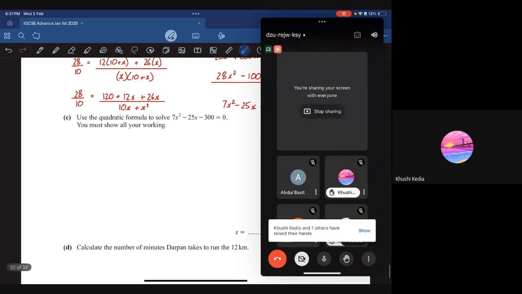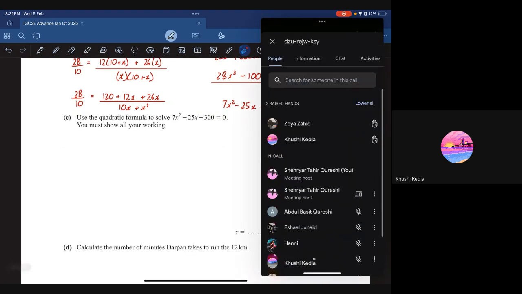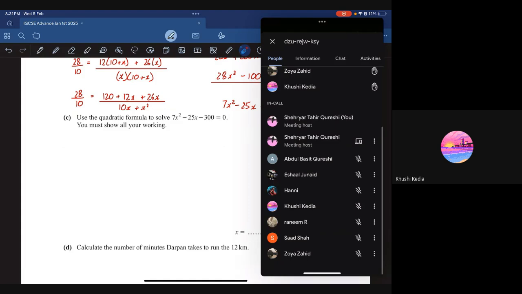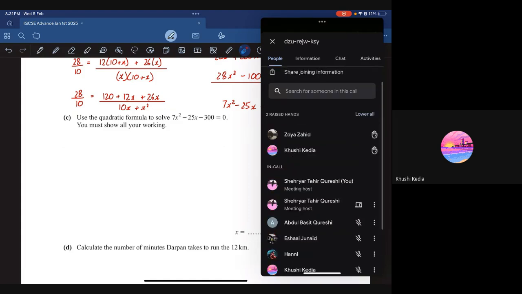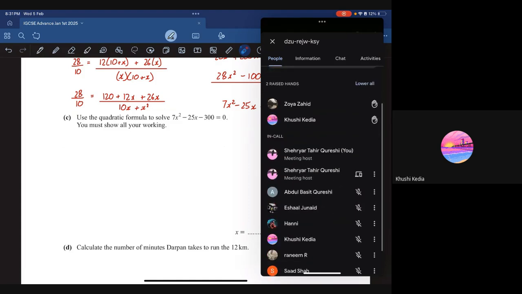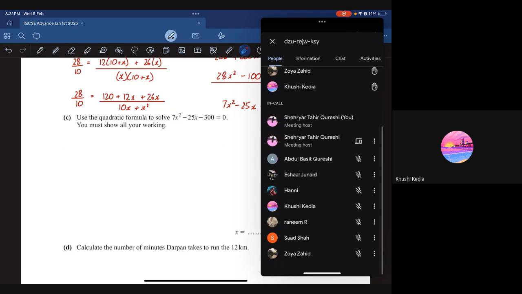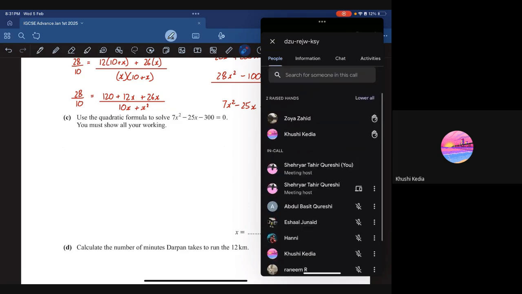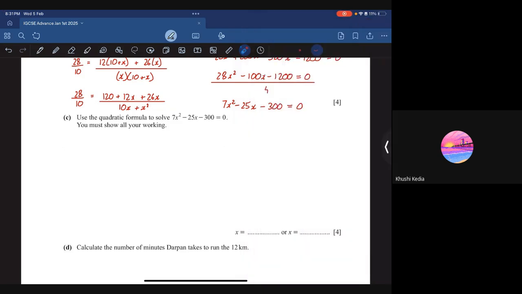Who's got their hand up? Kushi's got their hand up. Zoya's got their hand up. Who raised it first? I think Zoya did. Is there anyone else who had? No, I don't think anyone else has done the question. Yes, Zoya, you do it. Tell us what's up.